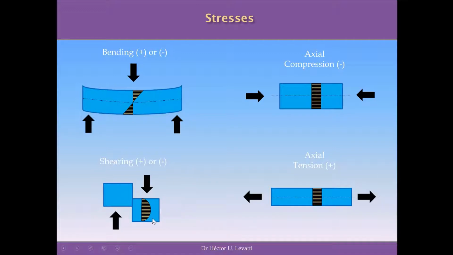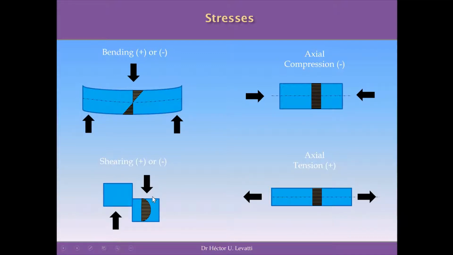There are shear stresses as well, and for example, in here we have a structure that is subjected to these two forces that tend to displace, to move this cross section one regarding the other in the vertical direction, producing a distribution of stresses but in the plane of the cross section. So these stresses are not perpendicular to the cross section, they are on the same plane of the cross section.